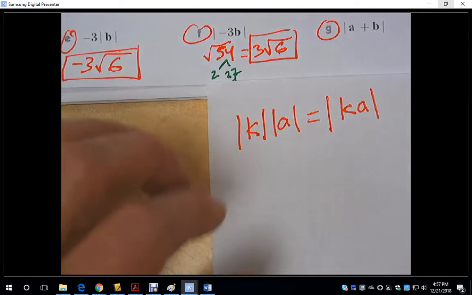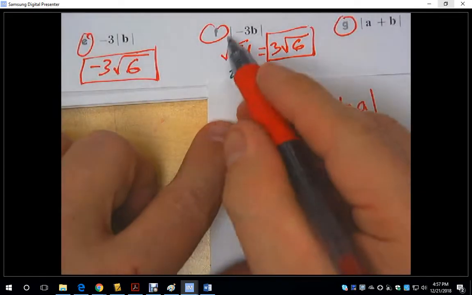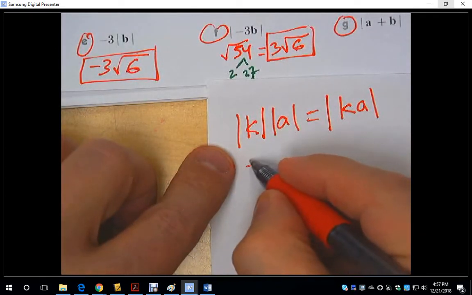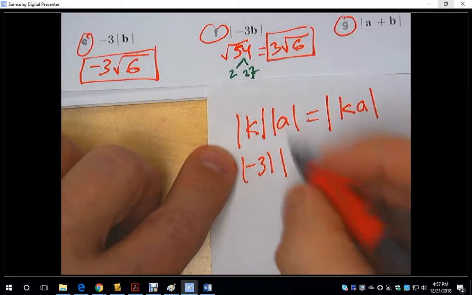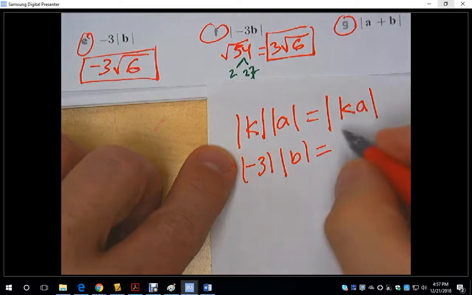So in fact, what we should have found up here is if I have the magnitude of negative 3 times our vector b, we should have gotten the same thing as if we found the magnitude of negative 3b.